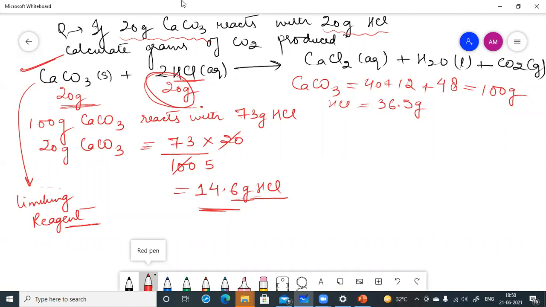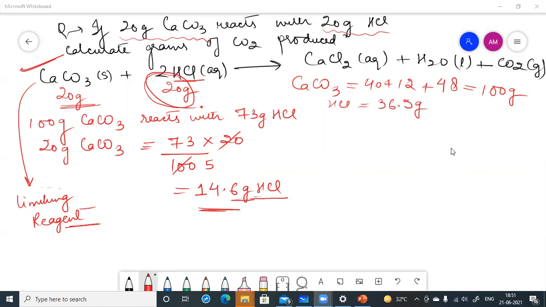एक सेकेंड बच्चे, Sir, 73 आएगा या फिर 44? हाँ जी, बच्चे क्या कह रहे हो?